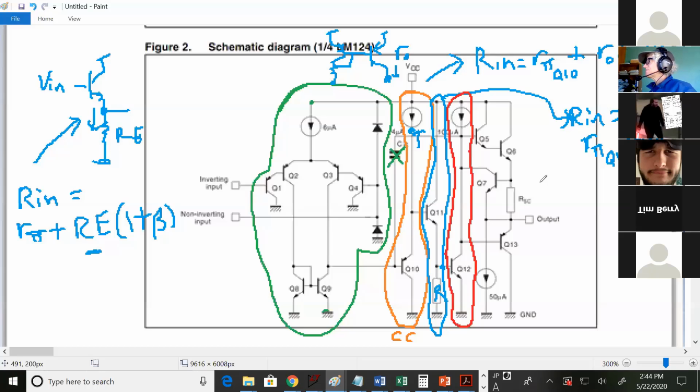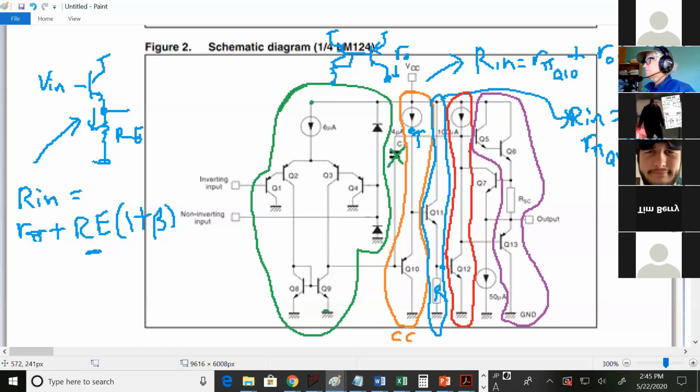Not any safety circuitry or anything else. Transistors, resistors, current sources, whatever. Would that just be Q5, Q6, and Q13, right? Yes. Q5, Q6, Q13. You have to go all the way down to the bottom, or it's not a complete stage.